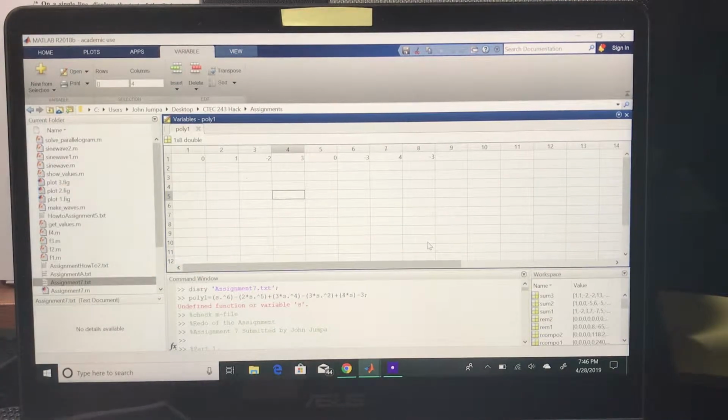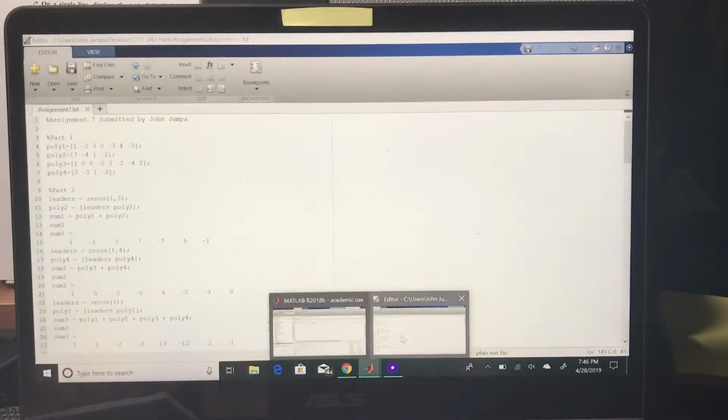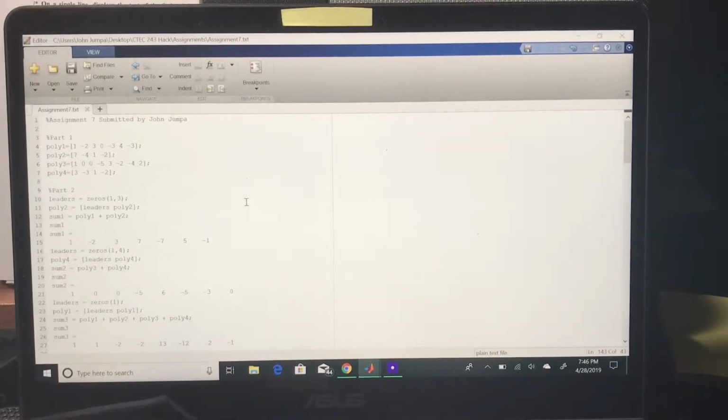And that's going to show you how to add zeros so both of the polys have the same matrices, and therefore add them up. So part 2, liters equals zeros 1, 3. That means that there's going to be 3 zeros. 1, 2, 3.